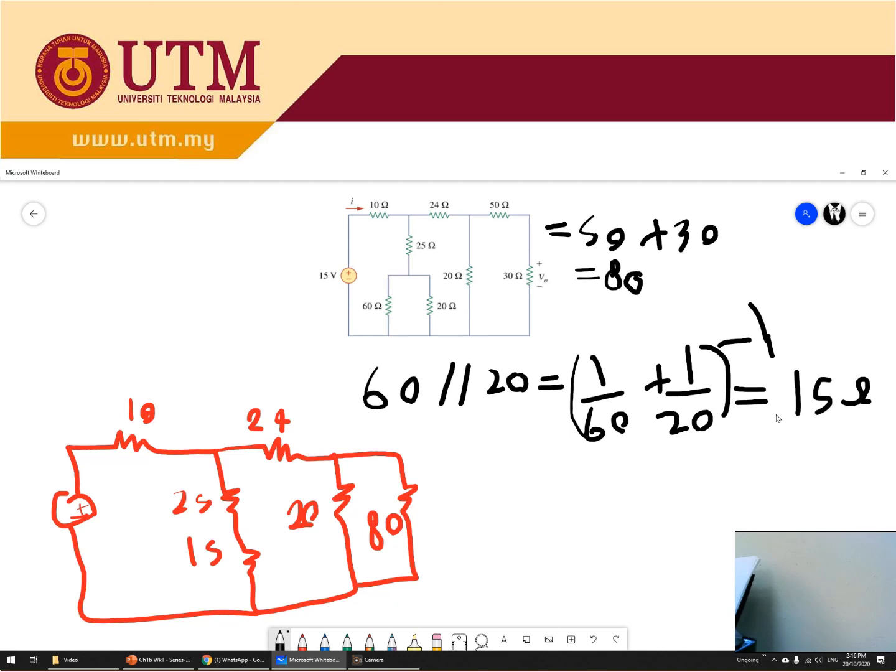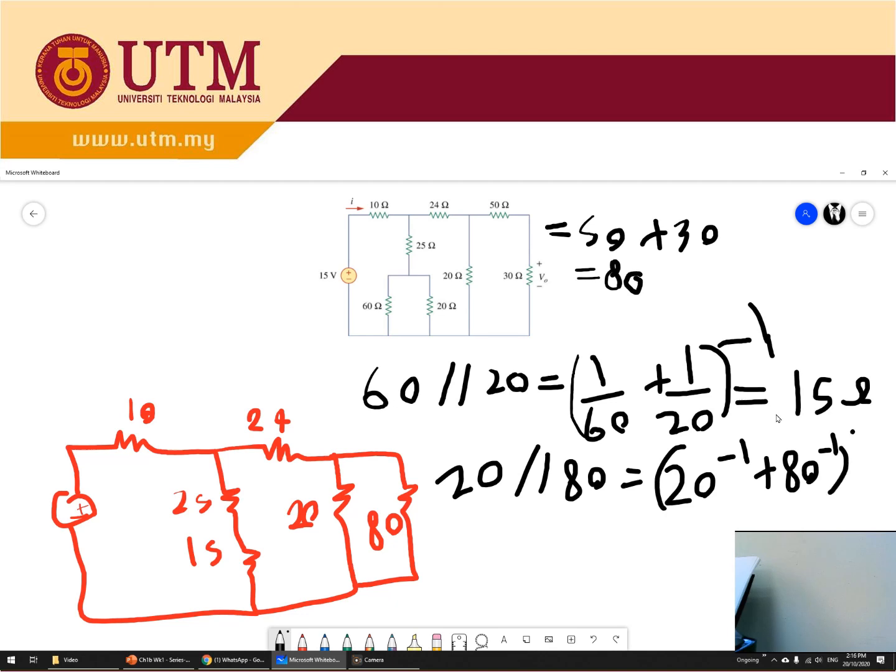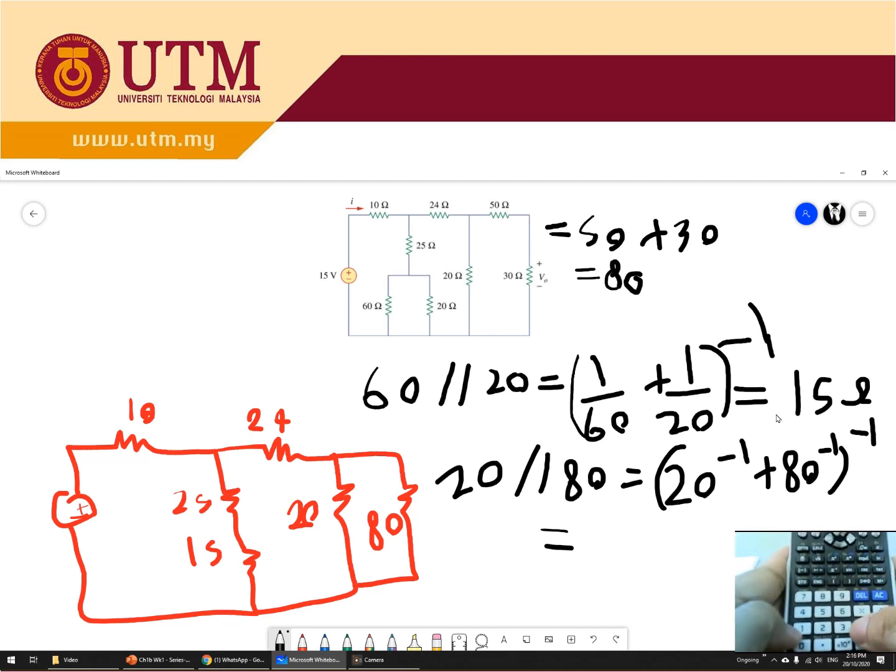Now 20 parallel with 80 equals to 20 plus 80, and don't forget to reciprocal all. So use the calculator with the same technique. 20, don't forget reciprocal, plus 80, don't forget reciprocal.